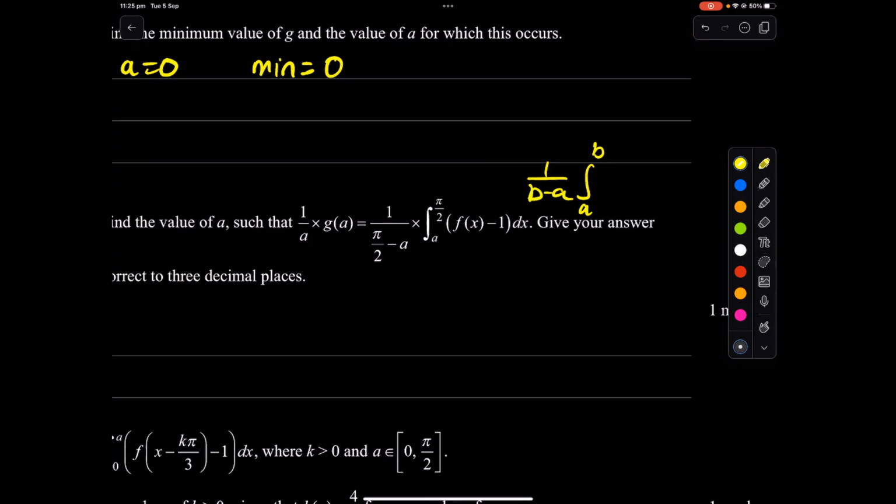Can you see how your b value here is pi over 2? So this is your average value. It's calculating the average value of g of a from a to pi over 2, and that would bring g of a just times by 1 over a, like a dilation. And that's what our value of a is.